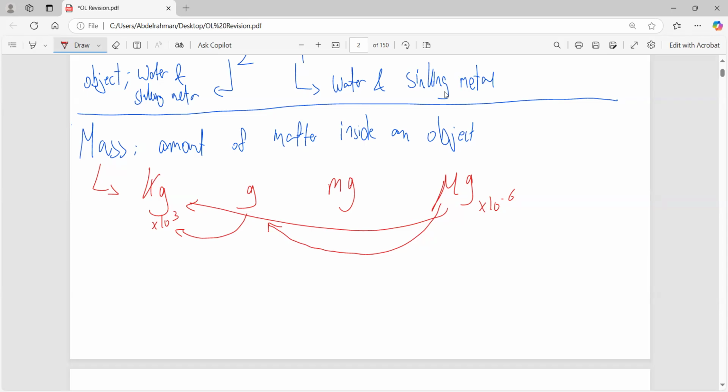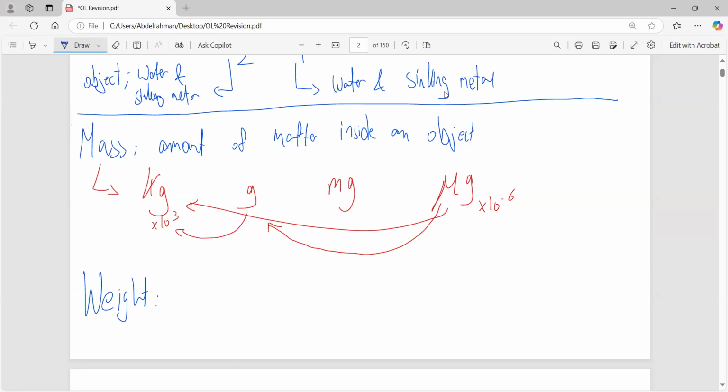It's the amount of matter inside an object. What is weight? It is a force. And that's why we say that the weight can change. It doesn't change for the sake of changing. When does the weight change? It changes when you change the planet.